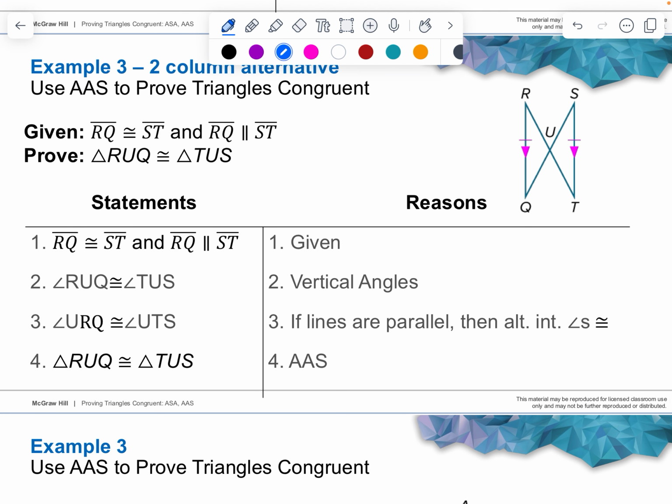We're going to do vertical angles with RUQ and TUS. And then we're going to do URQ is congruent to UTS by the if lines are parallel, then alternate interior angles are congruent. We got side, angle, angle, and then that gives us our angle angle side.